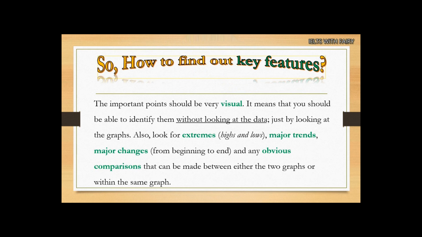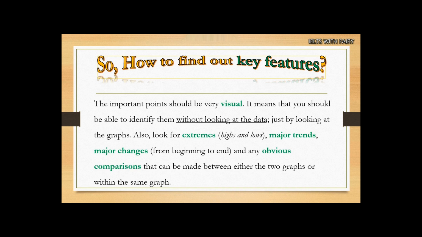It is very obvious. Also, look for extremes, meaning highs and lows, major trends or major changes, meaning you compare the starting point and the ending point, and any obvious comparisons that can be made between either the 2 graphs or within the same graph.